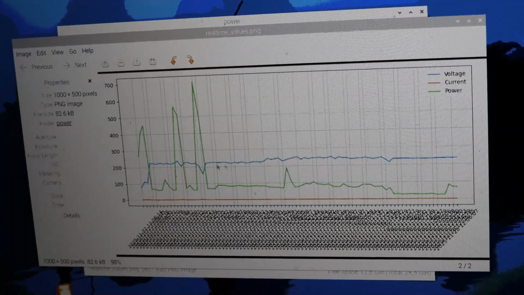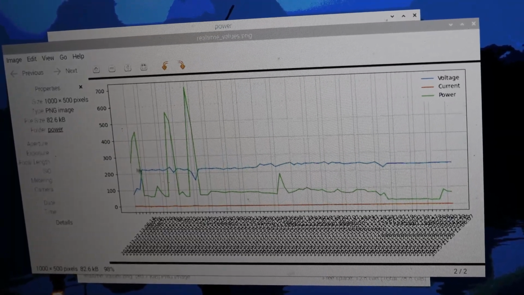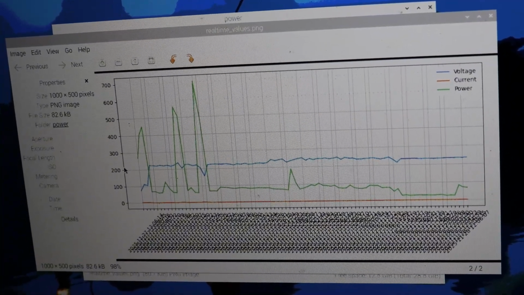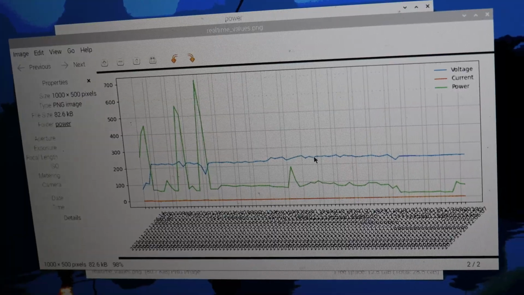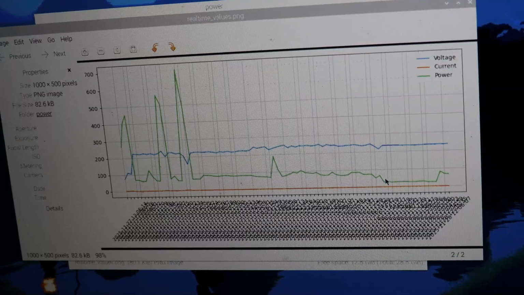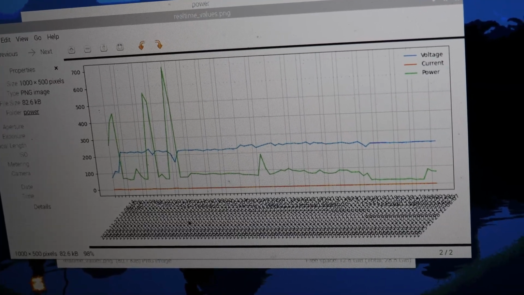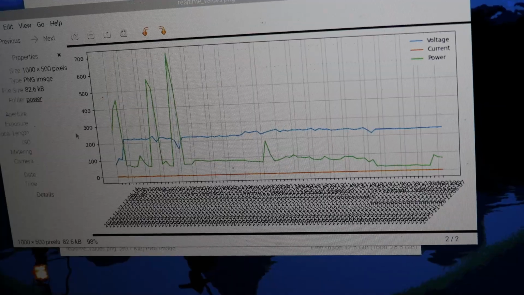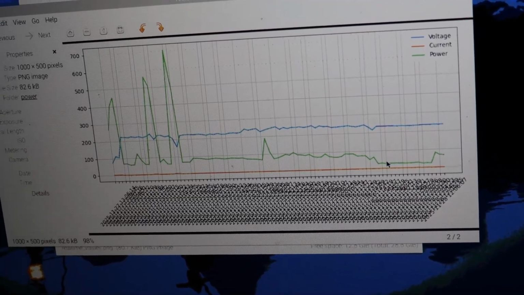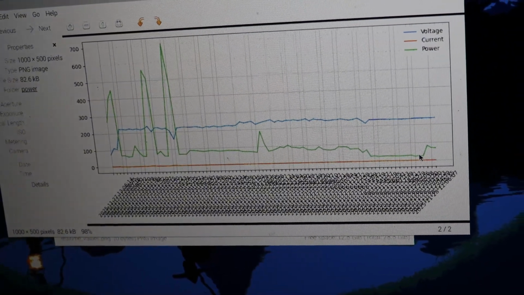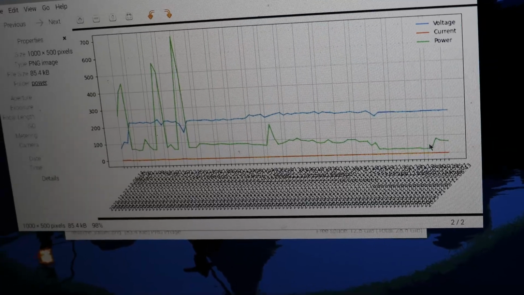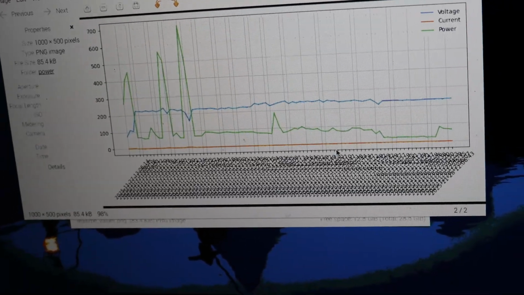This one is the voltage. We can see that it is always constant, between 200 and 300, showing around 230, 240, 250 in the range. And this one is the power. The x-axis shows the timestamp and the y-axis the value. In this region we only used the mobile charger, and this steep rise came because we used the soldering stick also, and this orange line shows the current.